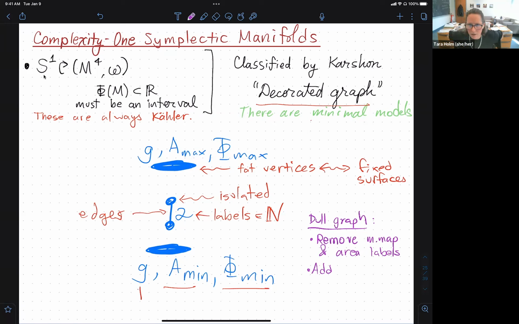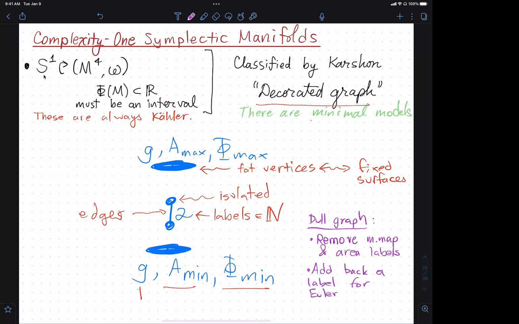You can calculate the Euler class of the top surface or the bottom surface. So we don't need all of it, that's a subset of this information, and we add back in a label that corresponds to the Euler class. Okay, I think I understood. So you can calculate this Euler class using the Duistermaat-Heckman formula from these. Exactly, and then you just remove it. Okay, thank you.